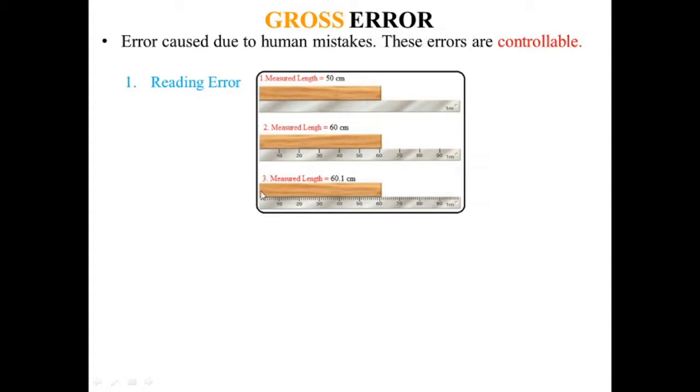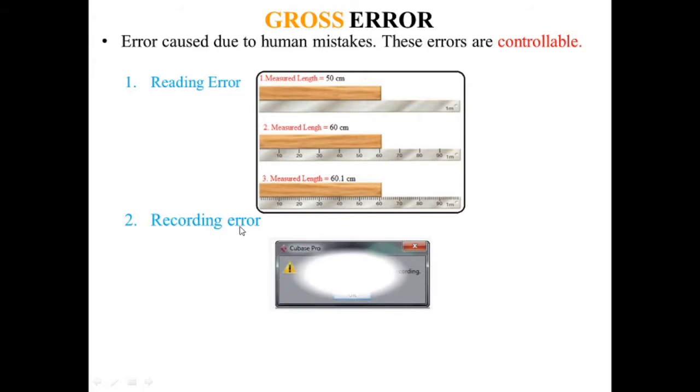Next, all the readings are given in terms of millimeters, centimeters and meters. So in the third case, you can get the accurate reading of 60.1 centimeters. So the way in which we use the system for measurement also has an impact on the reading error.